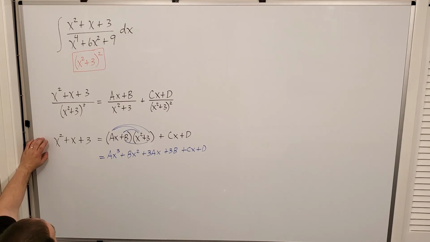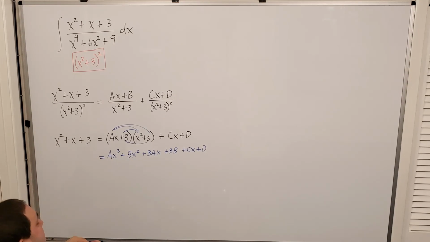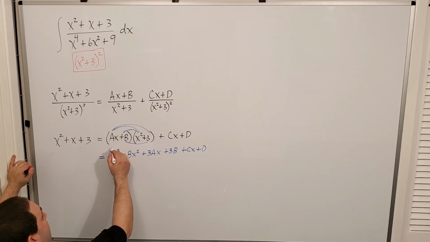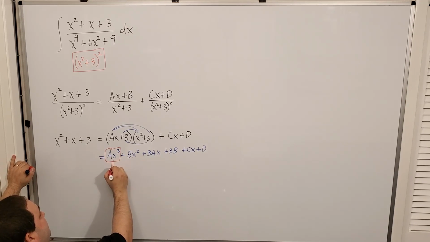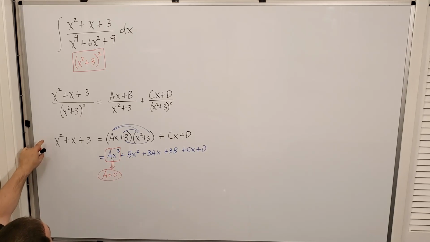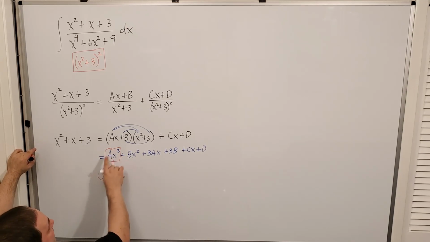Notice there are no x to the third powers over here. There's 0 x thirds over here. What does that mean for a? Immediately, right here, a has to be 0, because there's no x cubes over here, and this is the only x cubed over here.